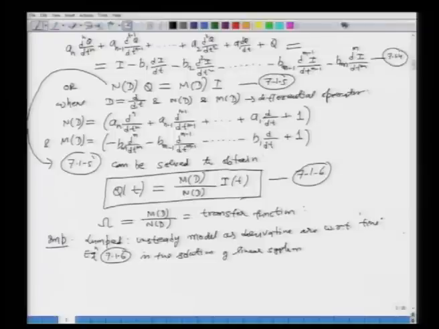Now, we have been talking about this linear system. What do we mean by a linear system, or why do we need to make this assumption? We know that the rainfall runoff process is extremely complex and non-linear, but developing a non-linear model is very difficult.